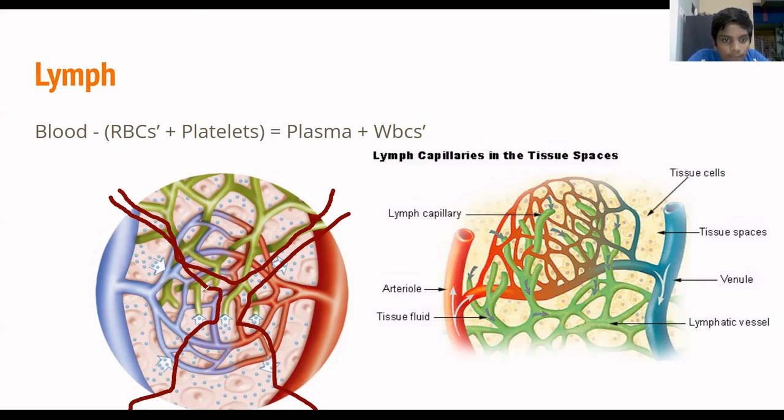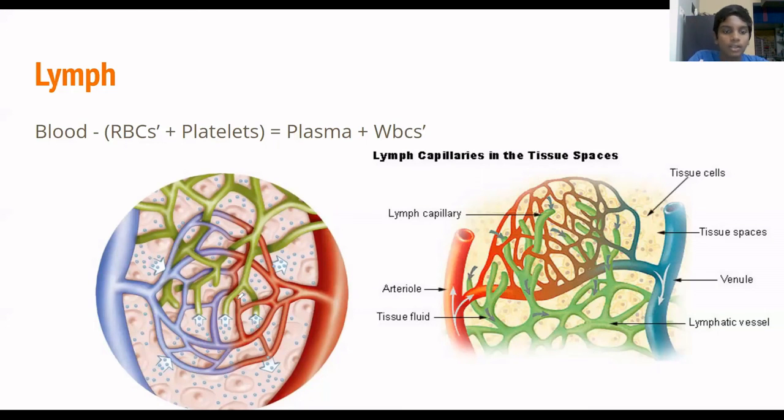And this area where we can find all 3 or at least 2 mixing is known as the capillaries. So this place where the veins and arteries and sometimes even lymphatic vessels meet is known as capillaries.